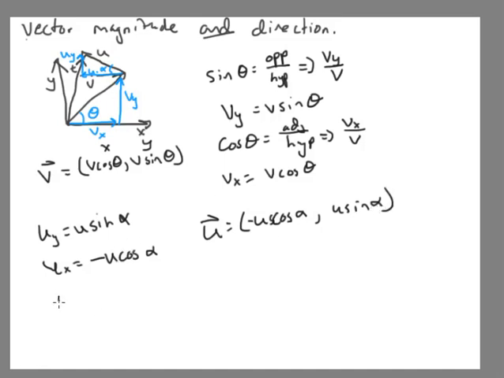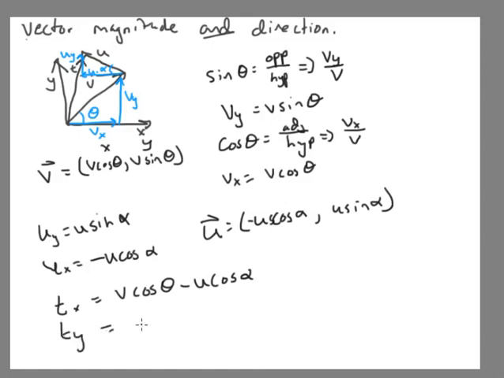Now our t, the x component is going to be just the sum of the two x components. So it's v cosine theta minus u cosine alpha.